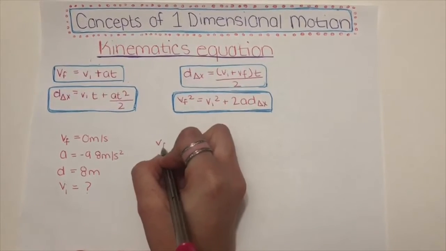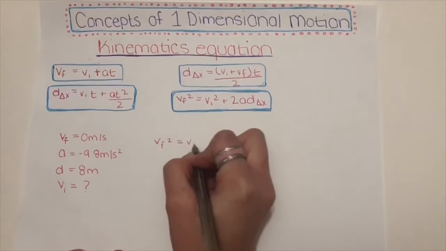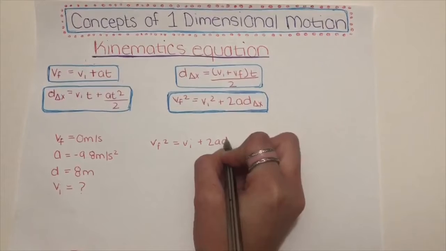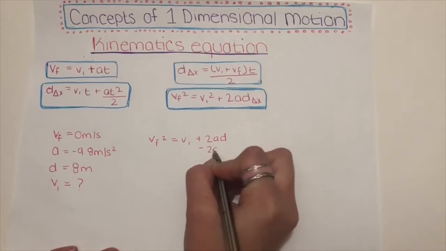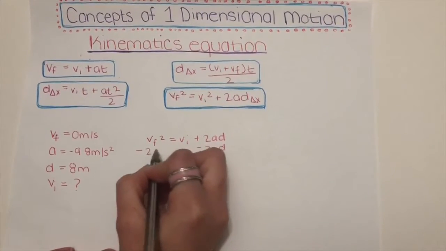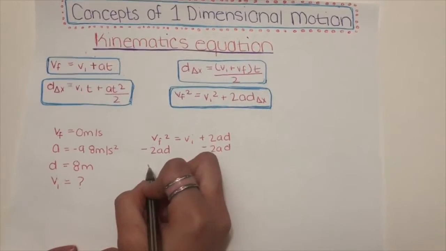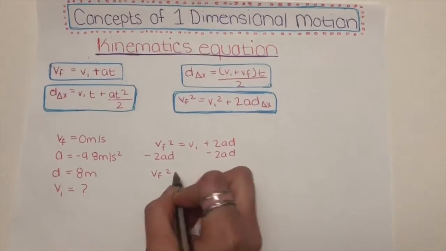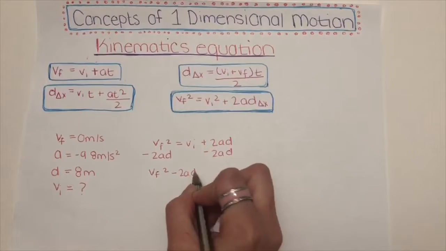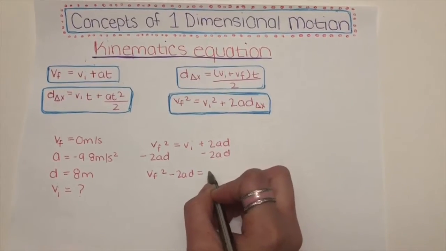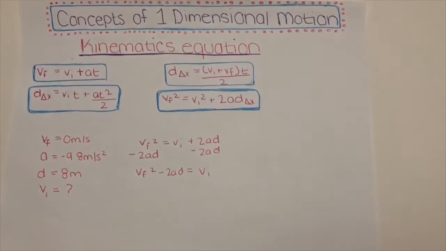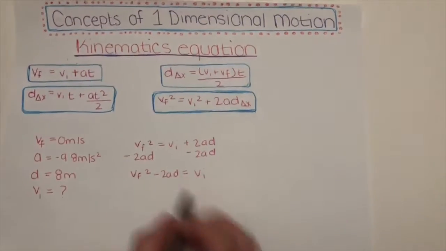We're gonna use VF squared equals VI squared plus 2AD. So you're going to subtract 2AD to the other side. So it's VF squared minus 2AD equals VI squared. And now you plug it in.